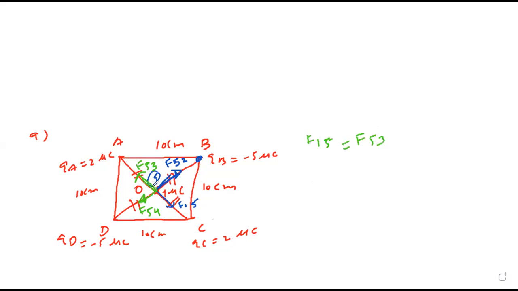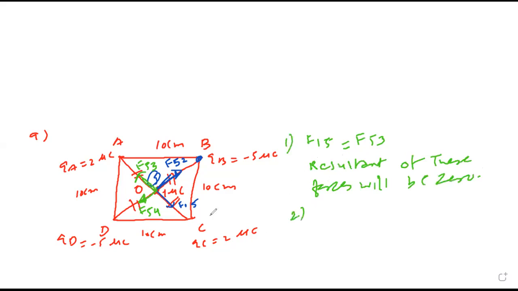Q is 2 here and 2 here, and the 1 is the same, so magnitude-wise they are the same. So can I say the resultant of these two forces will be 0? Yes, it will be 0.